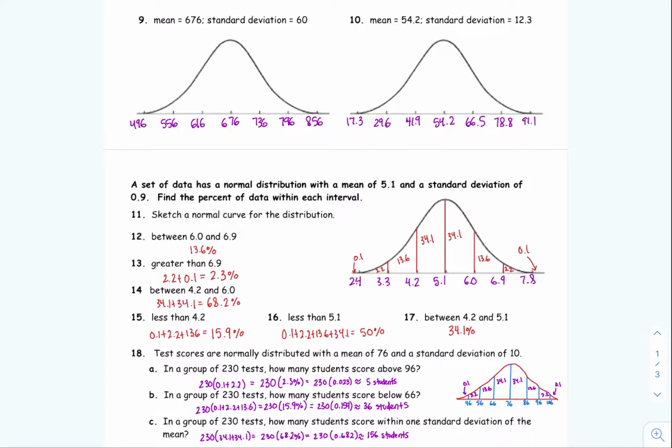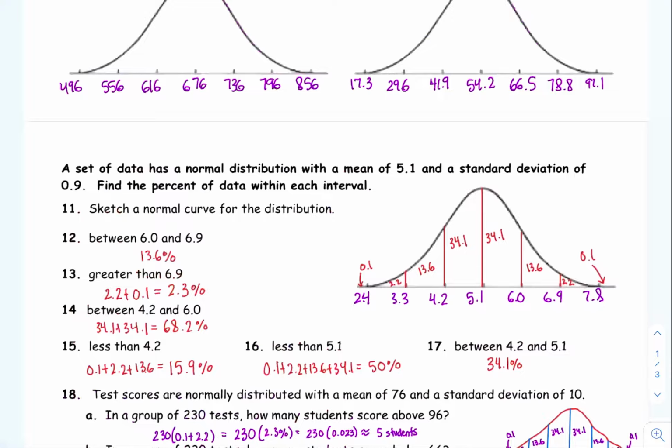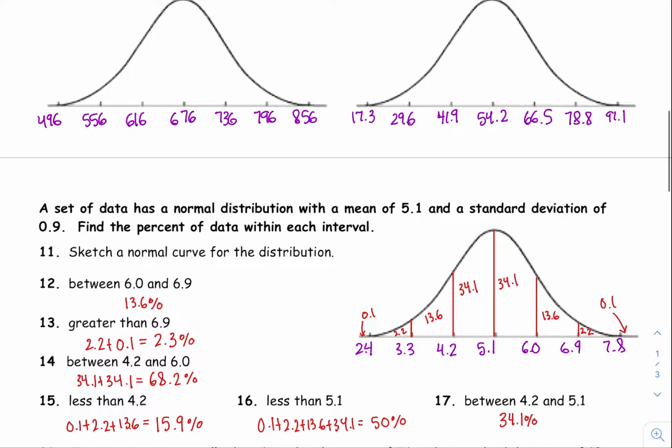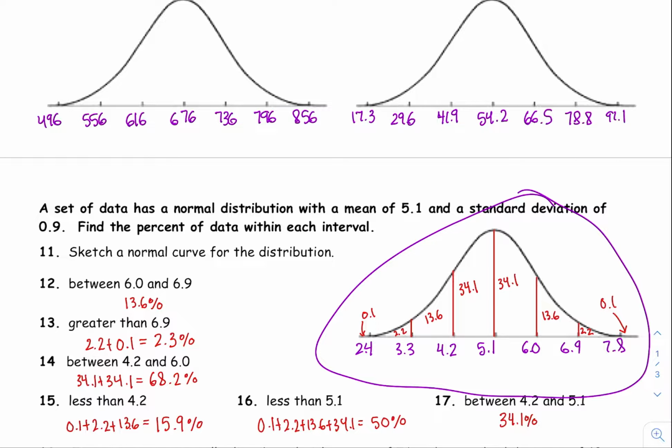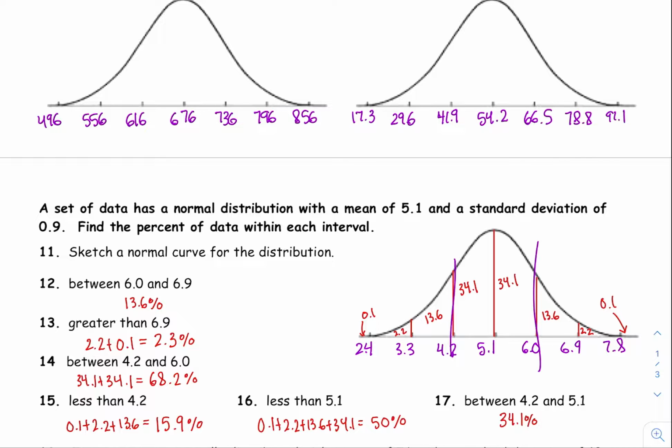All right, so in your notes from normal distribution, we drew something like this. So that's a normal distribution right there. And then, what's it called? The empirical rule. Remember, one standard deviation away from the mean, those marks, it's 34.1% each way.